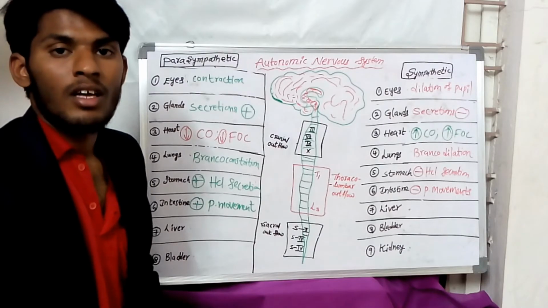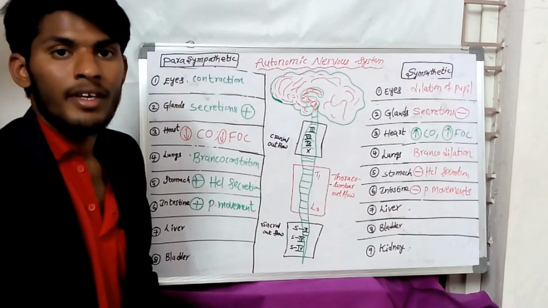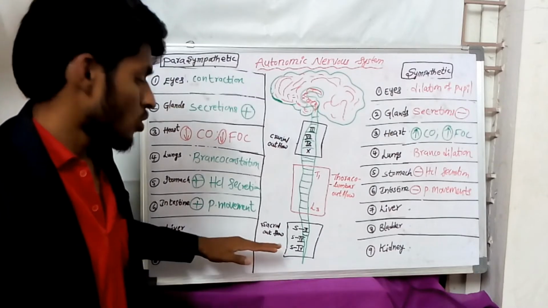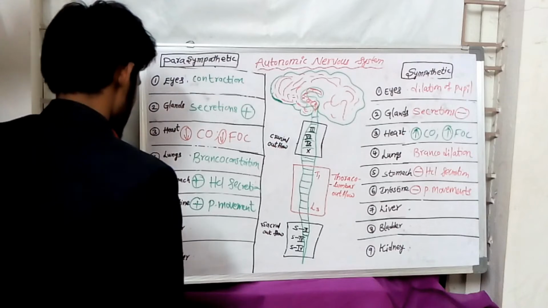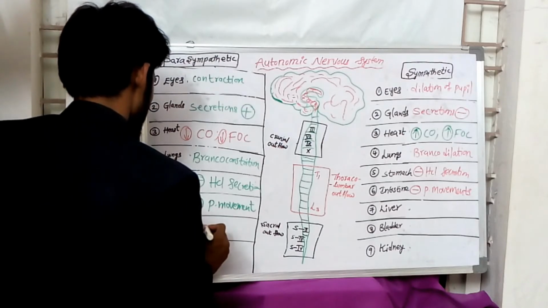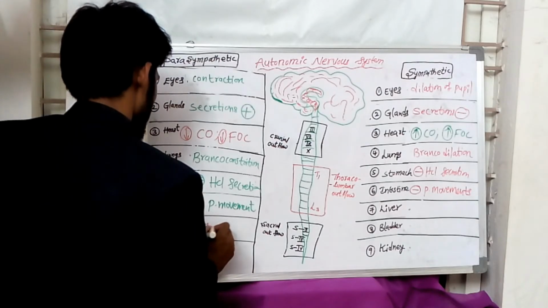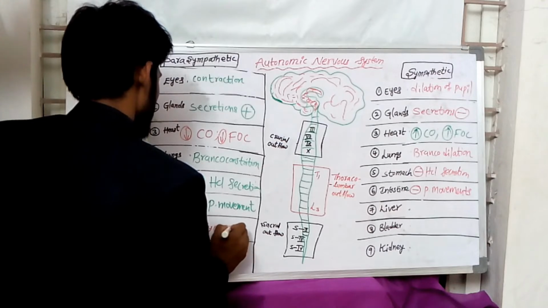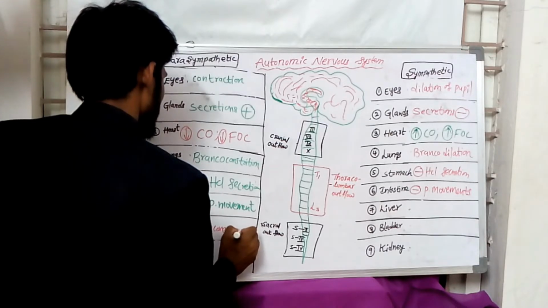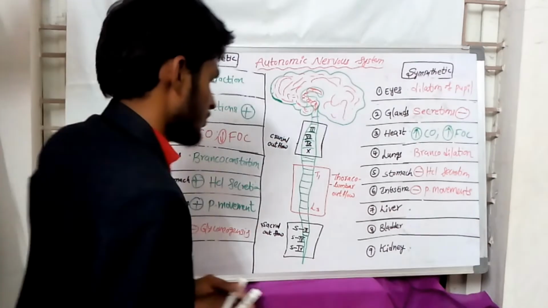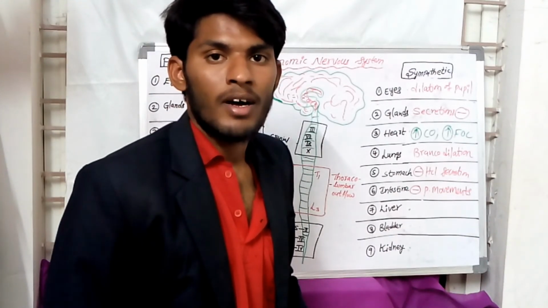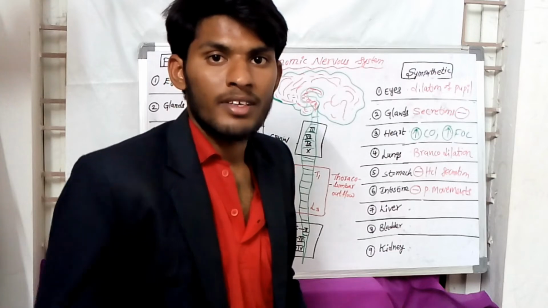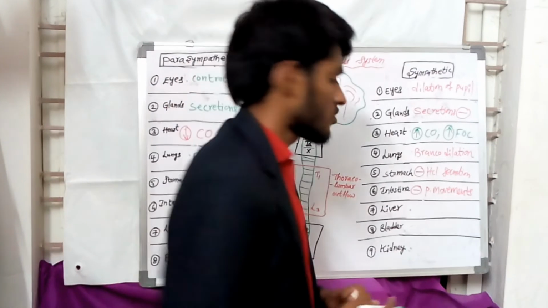In the case of the liver, gluconeogenesis is going to be inhibited, so glucose production will decrease here. But in the sympathetic nervous system, gluconeogenesis will occur and the glucose level is going to increase in the blood circulation.